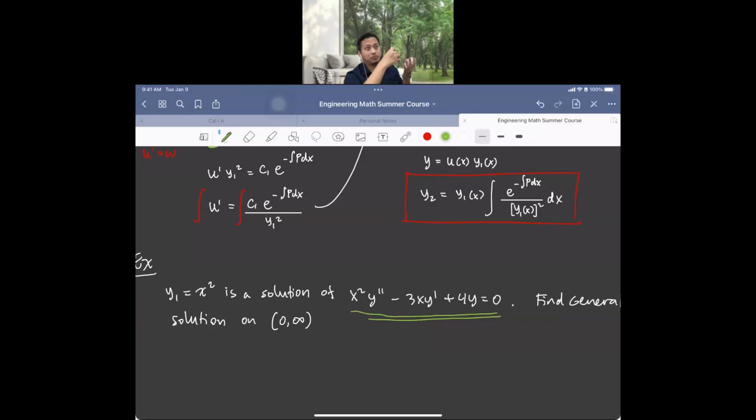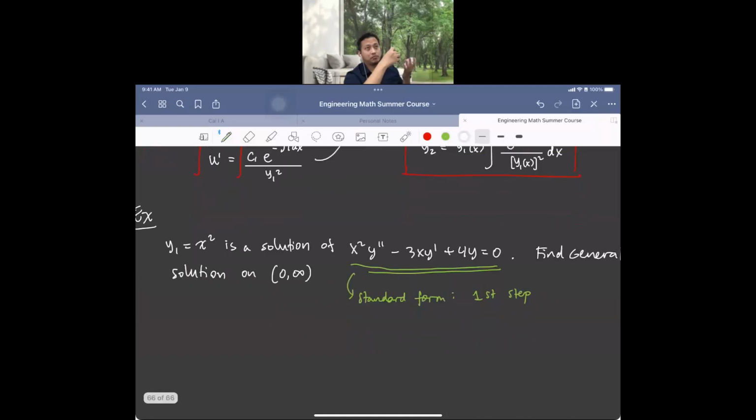So the first thing is looking at this differential equation. The first thing is we need to rewrite this and make it into our standard form. That's the first step.